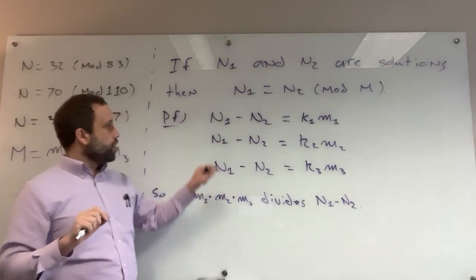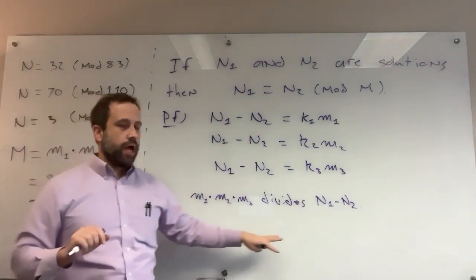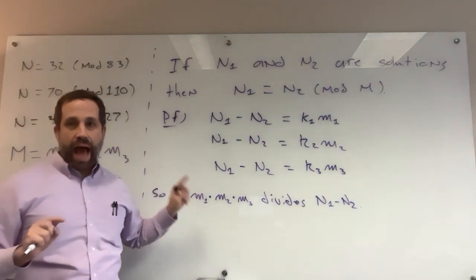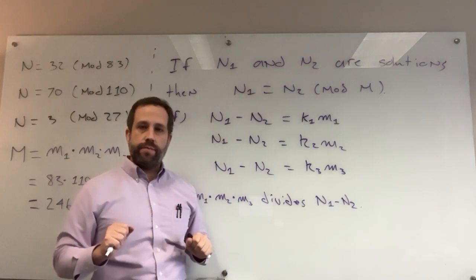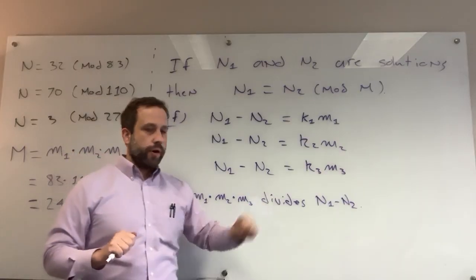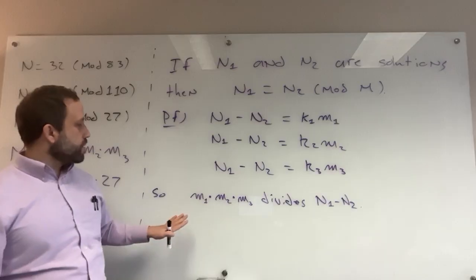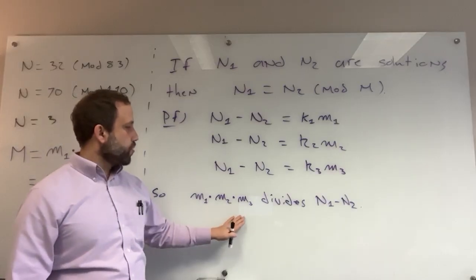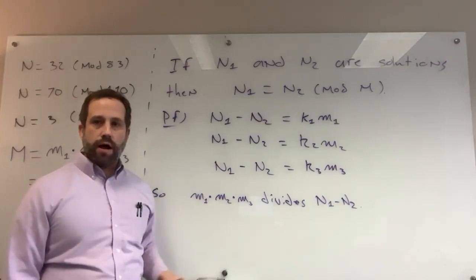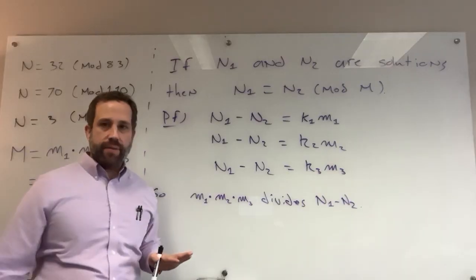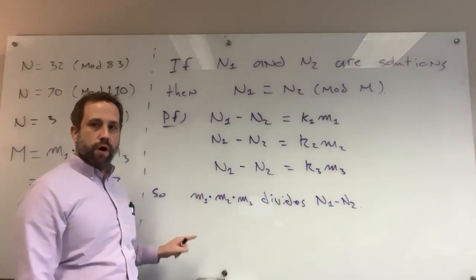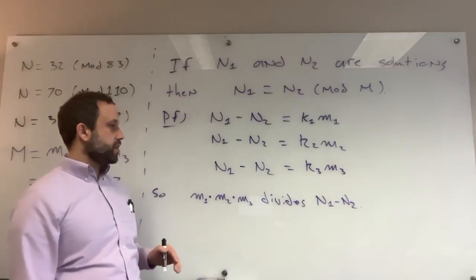In general, if we only know this information here, this is not going to be true. However, since M1, M2, and M3 are relatively prime, this is going to be true. That's because if you look at the prime factors of M1, M2, and M3, they have no prime factors in common.